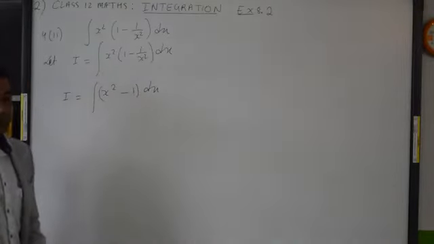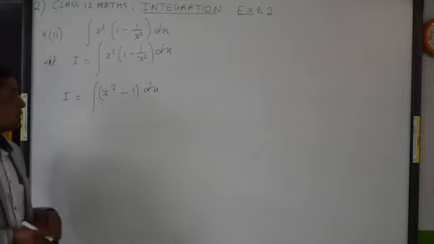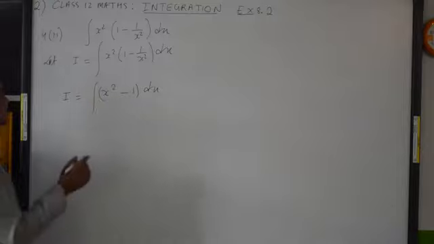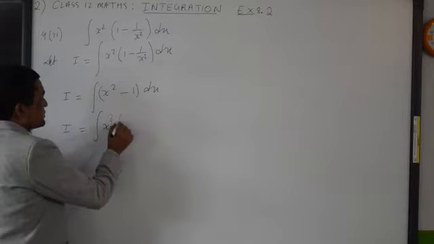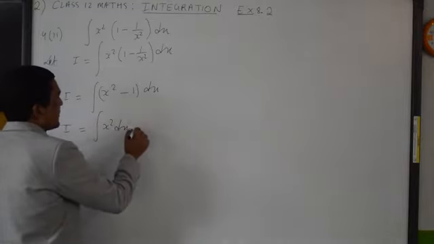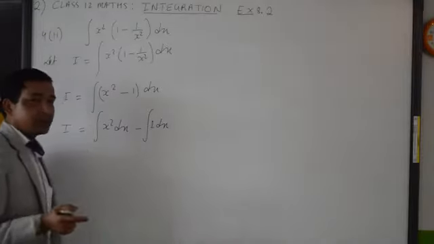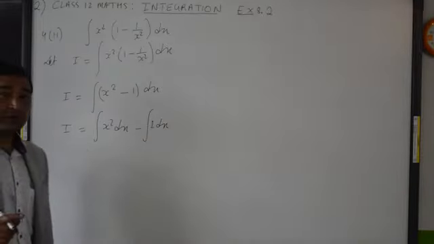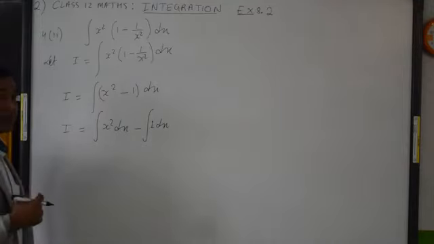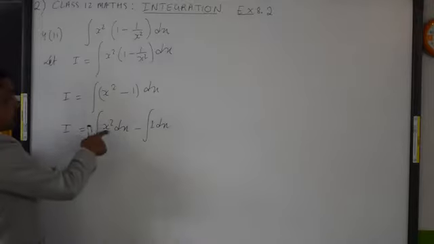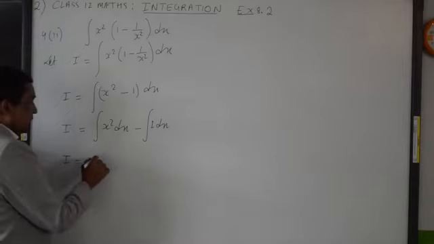After converting into simple form, you can do the direct integration. Otherwise, if you are facing a problem, then separate the integration for each term, then use the formula. I equals integration x square dx minus integration 1 dx. Now use the power formula.